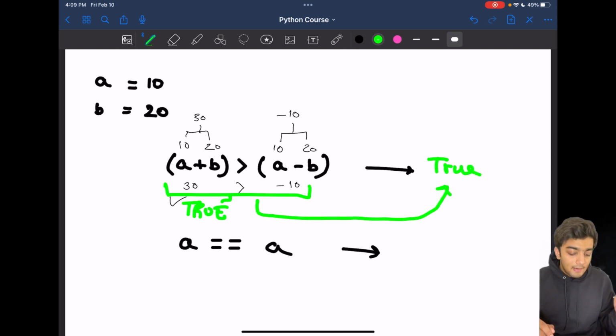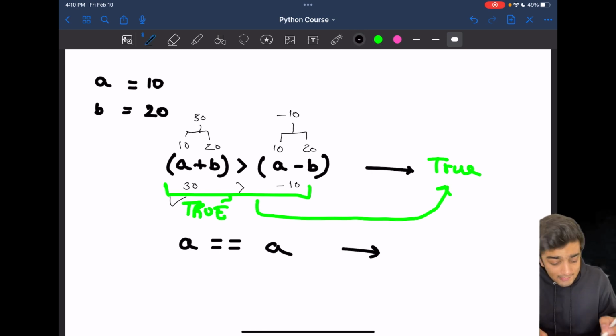All right. Now, the next thing would be our next condition, which is A double equals A. Now, what does double equals do? As we spoke in the last one, the double equals operator or the double equals symbol basically asks the program, is A actually equal to A, or is the value of variable A actually equal to the value of variable A? If it is, which in this case it is, right?